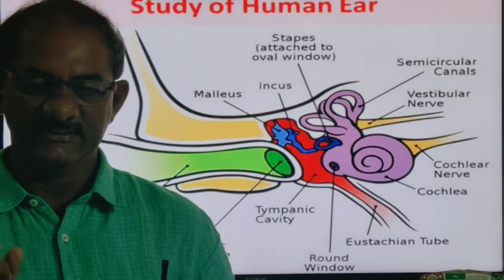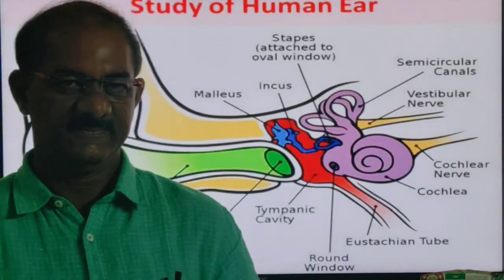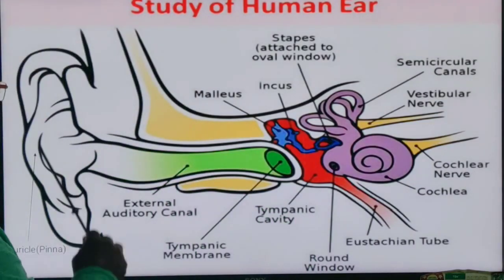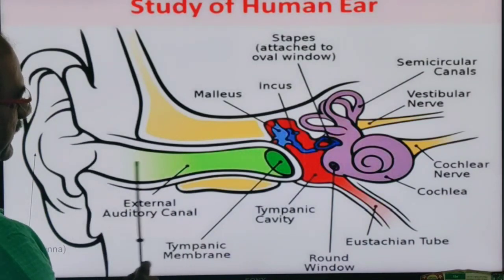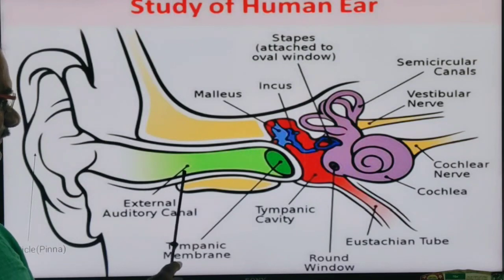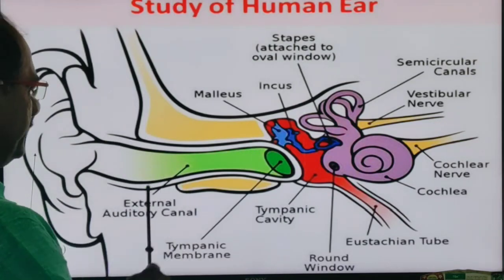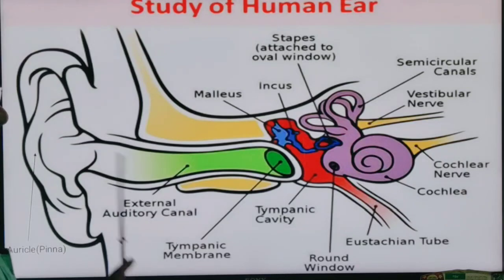So in this way the sound is received, the ear canal is protected, and sound is also conducted. That is the function of the external auditory canal.